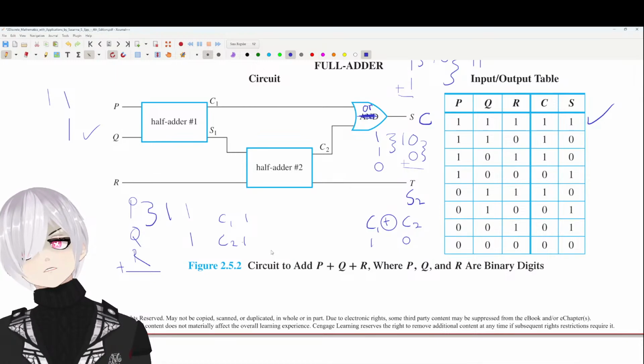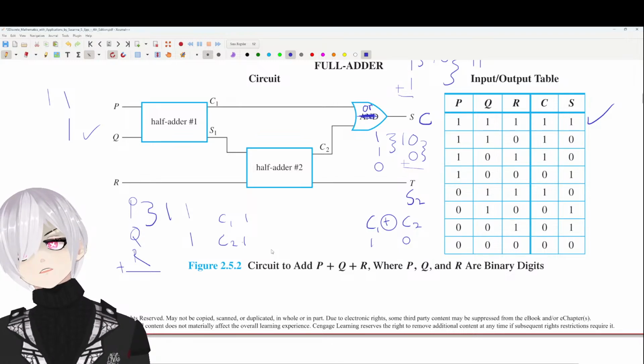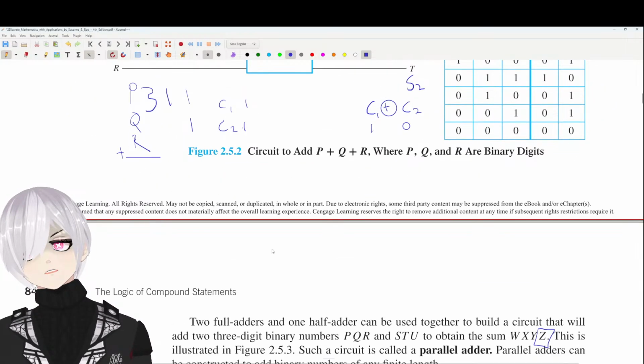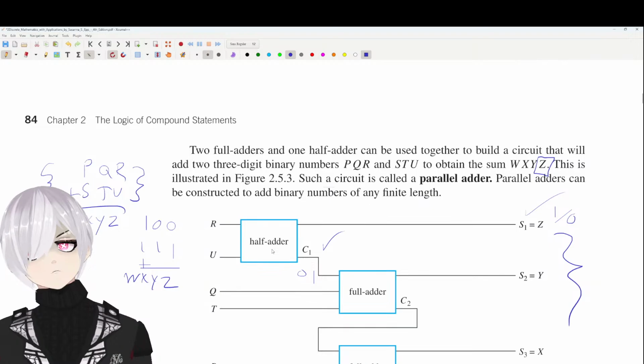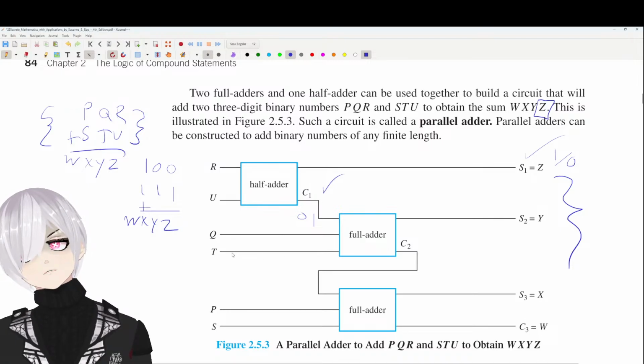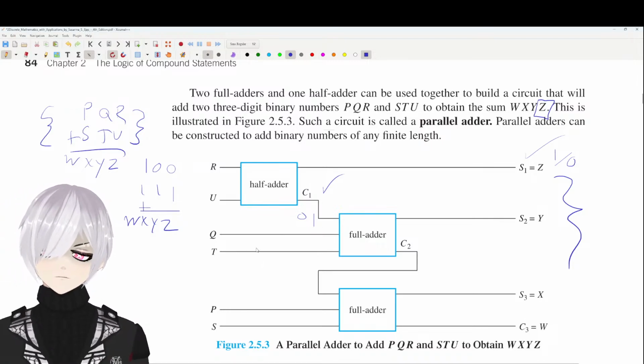It would just take whatever the C of R plus S1 is as its final C. Which was Q and T, right?